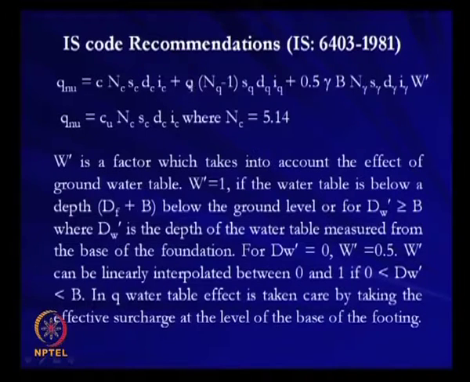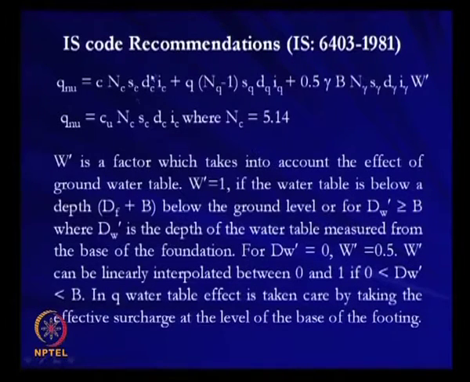Now, for the second term, the water table effect is taken care of through the effective surcharge Q at the level of the base of the footing. So, when we want to incorporate the corrections for the water table in the second term, when we calculate the Q, we have to take the effective overburden pressure Q, so that we can incorporate the water table effect in the second term also.